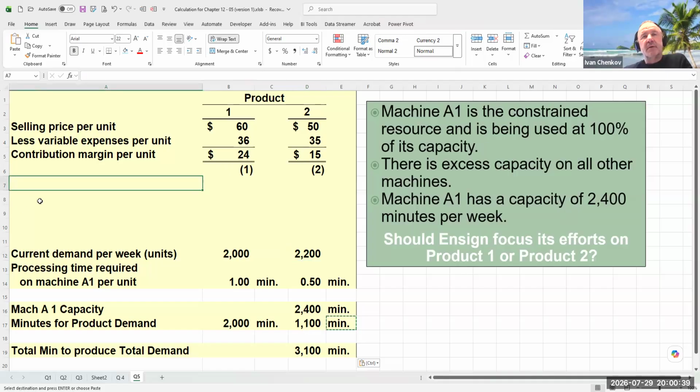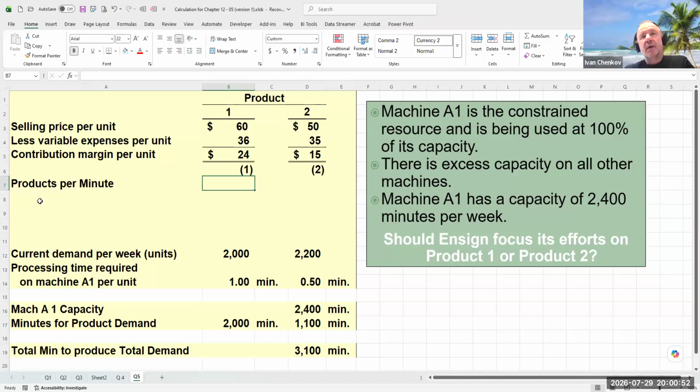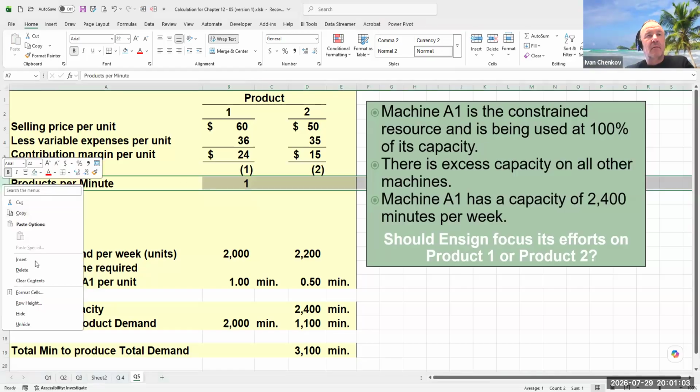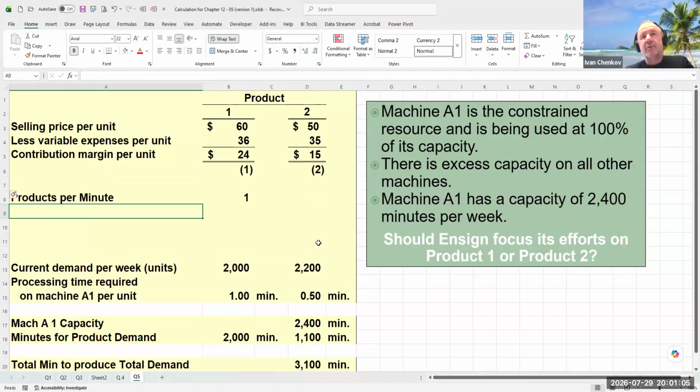So first the question is, how many products can I produce per minute? On product one, I can produce 1 unit. On product two, in 1 minute I can produce 2 products.